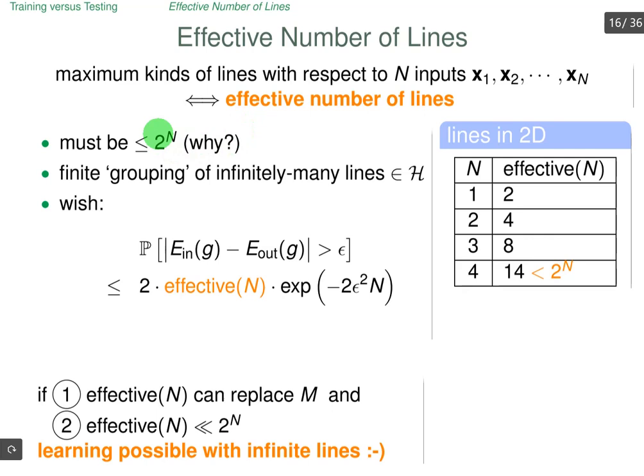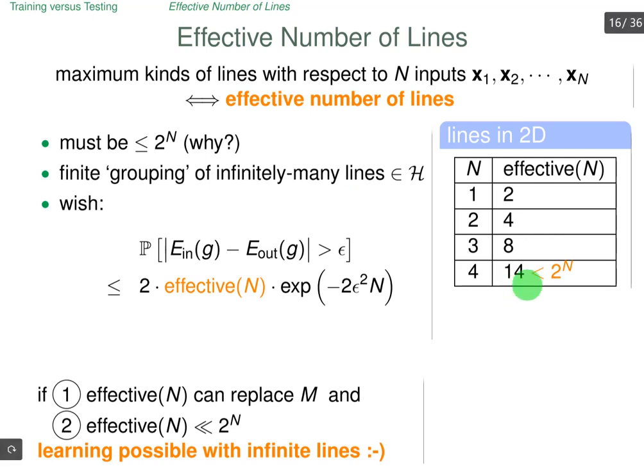Why? Because we're dealing with a binary classification task, where we expect binary output values. And it is based on finite grouping of infinitely many hypotheses in H. So we are grouping, by kind, possibly infinitely many hypotheses in H.